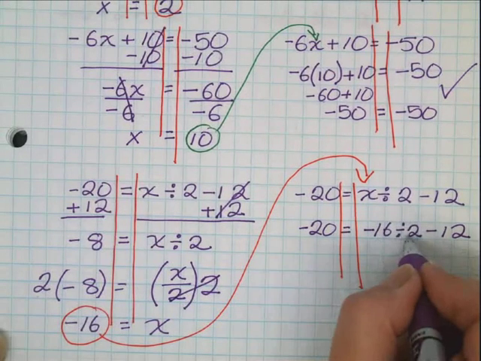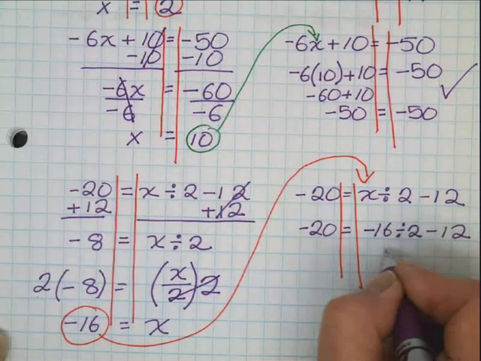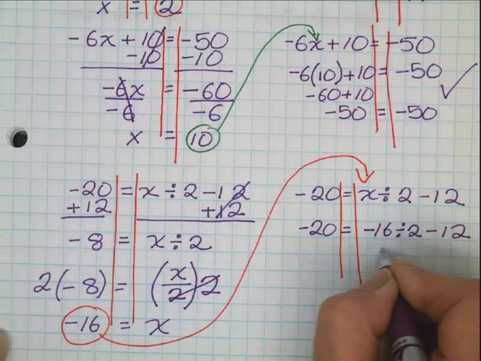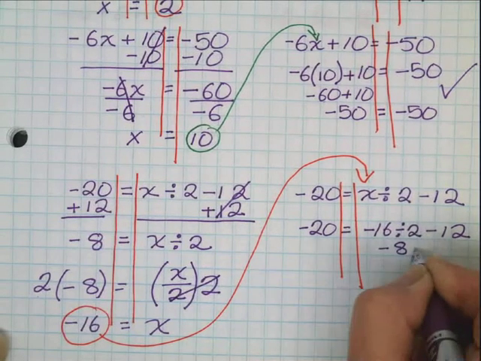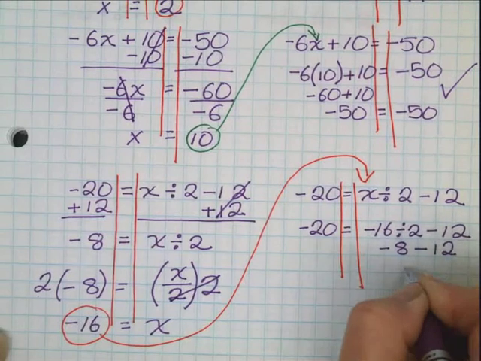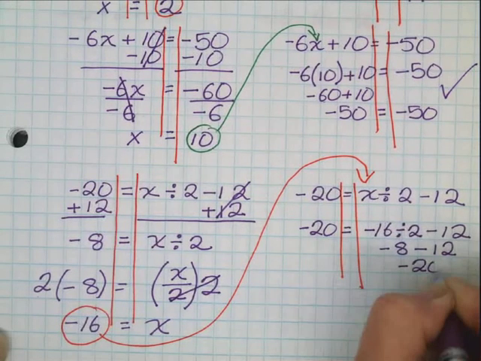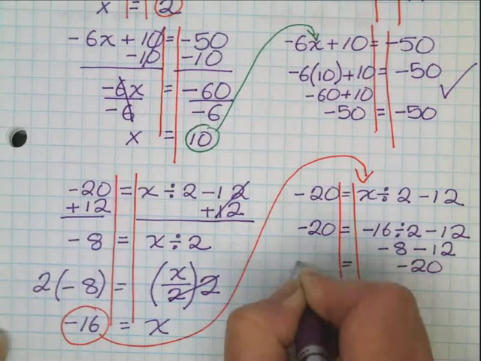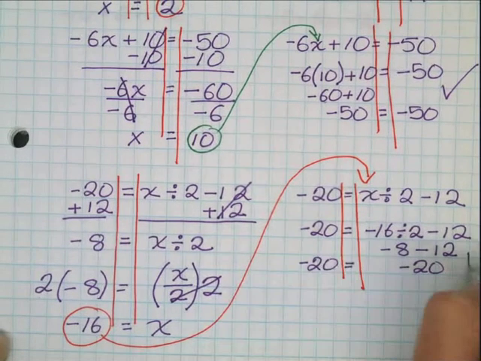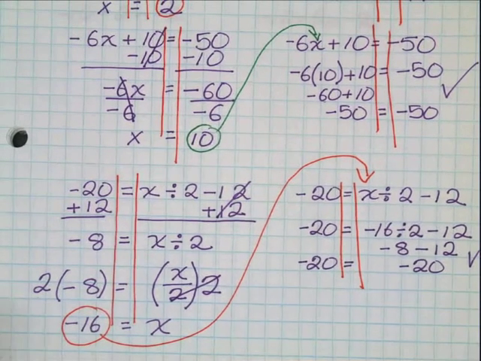In order of operations, negative 16 times 2, divided by 2, is going to give me negative 8. Negative 8 take away 12 gives me a negative 20. And that indeed does equal negative 20 from the left-hand side, and I am correct.